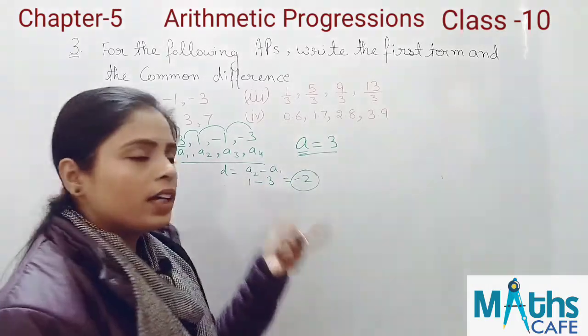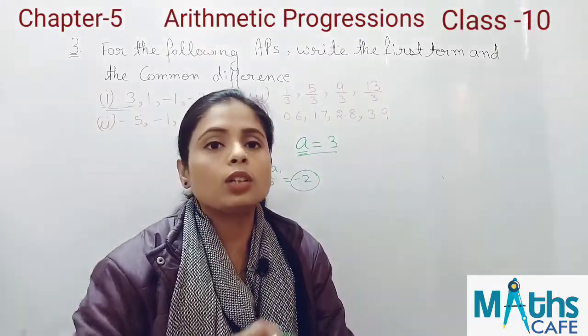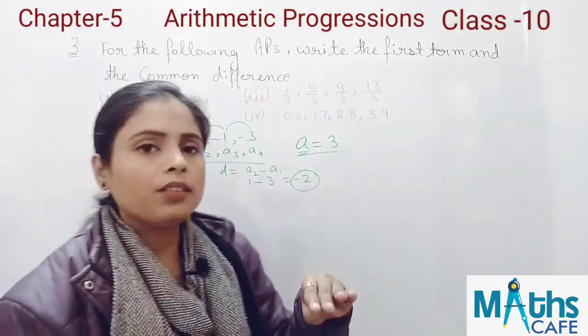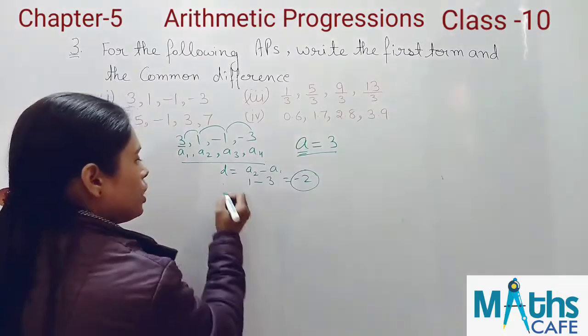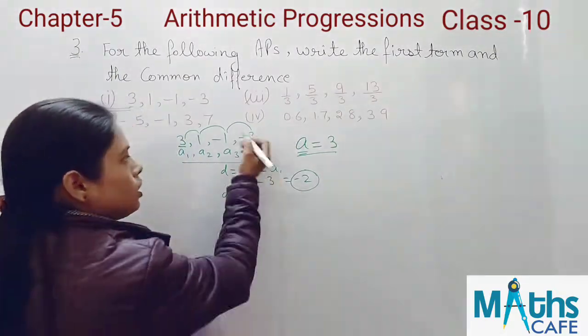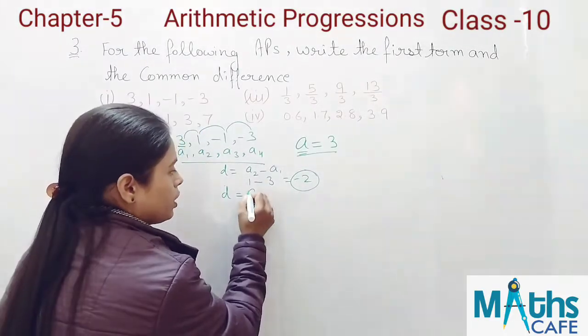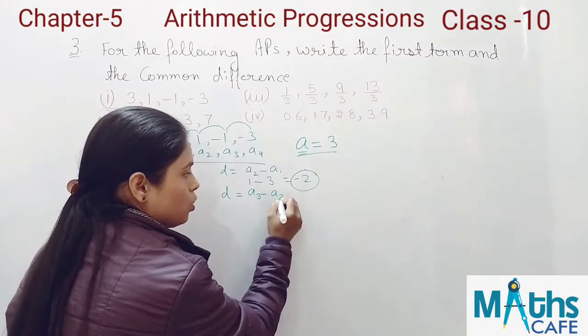But by finding one D, it is just a normal difference, not a common difference. So for the common difference, we will find the value of D one more time with the other terms. Earlier we took A2 minus A1, now we take A3 minus A2.